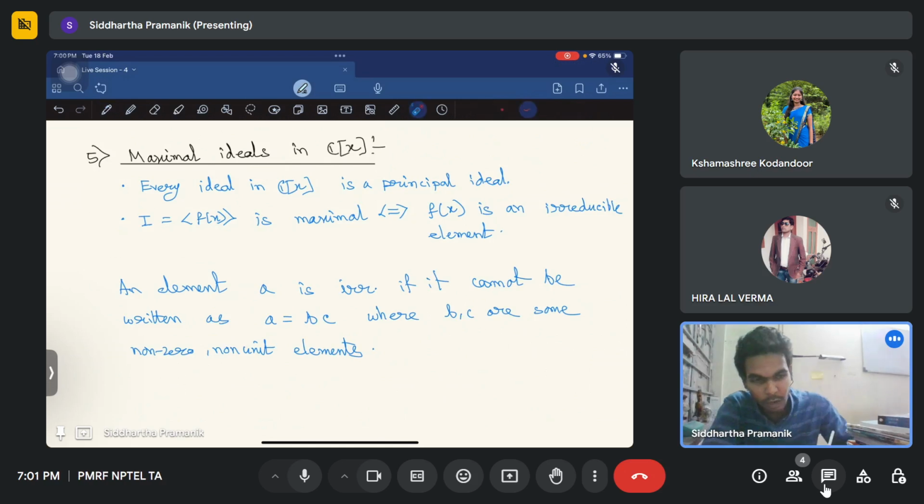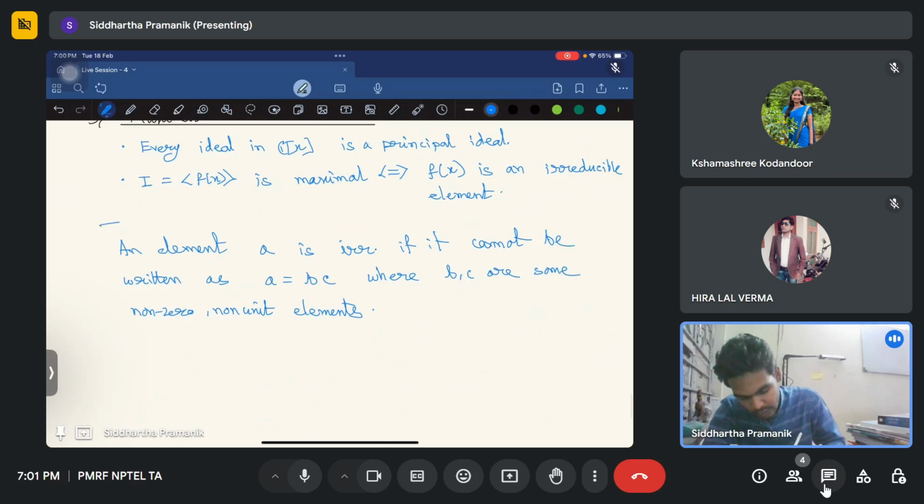So in case of polynomials, you cannot factor this polynomial into smaller polynomials. Okay, so this is the definition of an irreducible element.